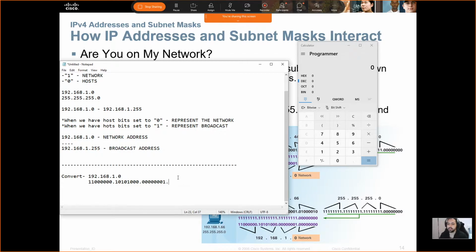So I need to add more zeros to the left. So I'm just going to put 1, 2, 3, 4, 5, 6, 7, 8. Okay? Now I got my IPv4 address in binary format. As you guys can see here, it's now in binary format. So the computer actually understands this. Okay?